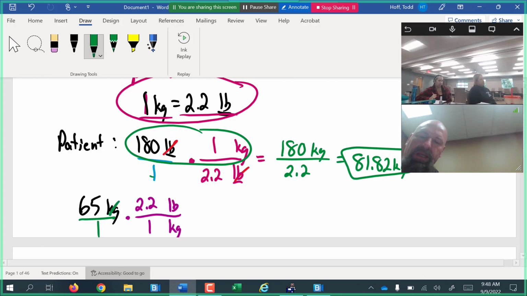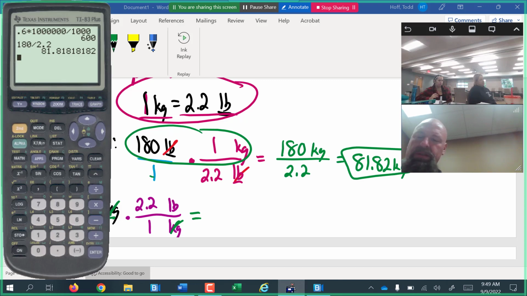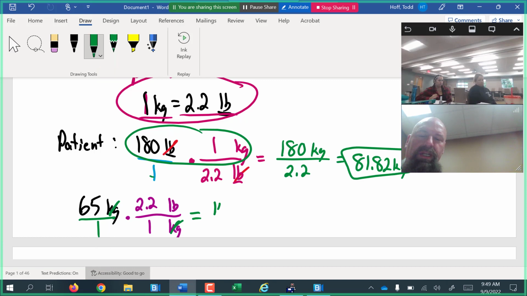The kilograms cancel out. I have 65 times 2.2, giving us 143 pounds. And on bottom, it's just 1 times 1 is 1, so our result is the 143 pounds.